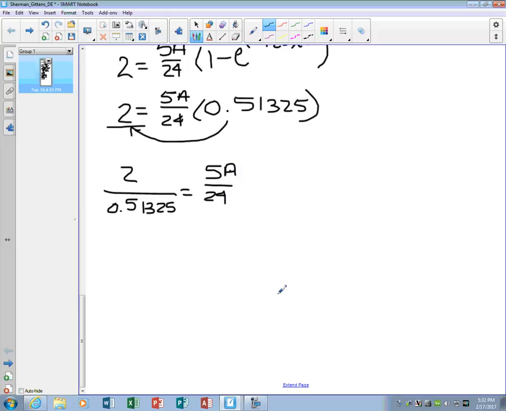So what we get over here on the left side is 3.89675. I brought out a lot of decimals because they're going to slowly disappear as we go on.